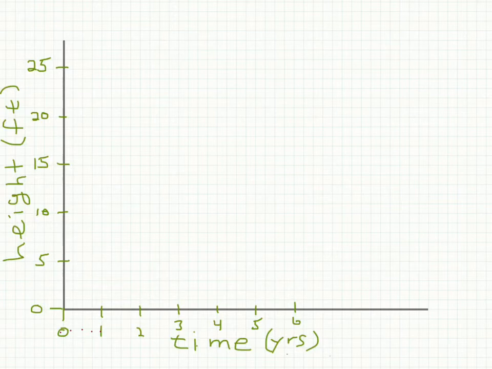So that means that each line in itself is 0.25 or 1/4 of a year. So then you can see from 1 year to 2 years is another 4 lines. 1, 2, 3, 4. And again, between 2 and 3, 1, 2, 3, 4. So each line represents 0.25 years or 1/4 of a year, which means that every 4 lines is 1 whole year.